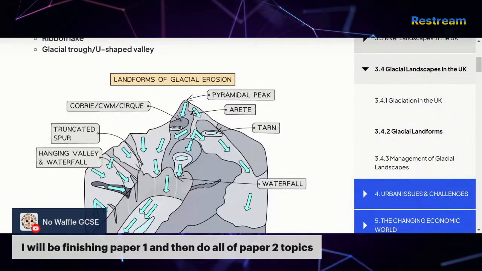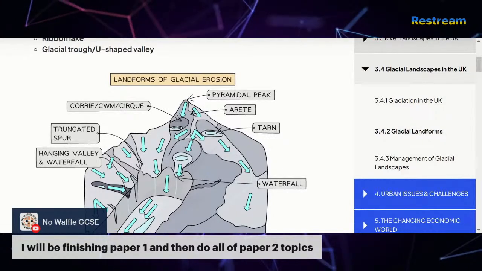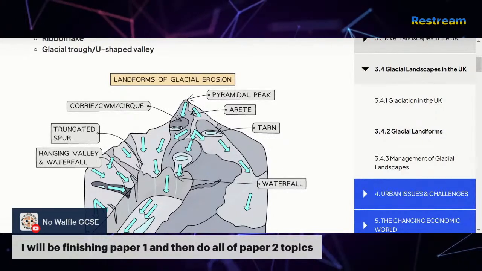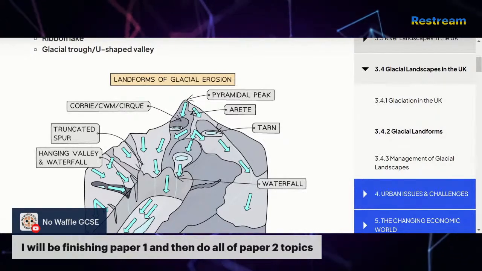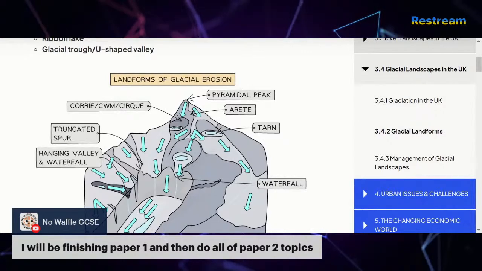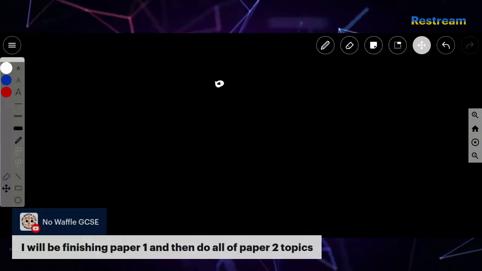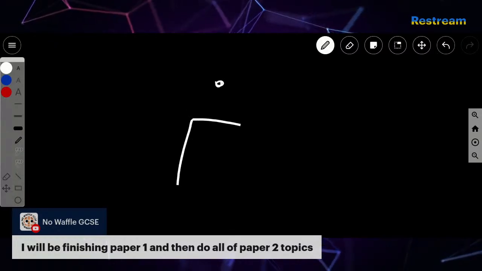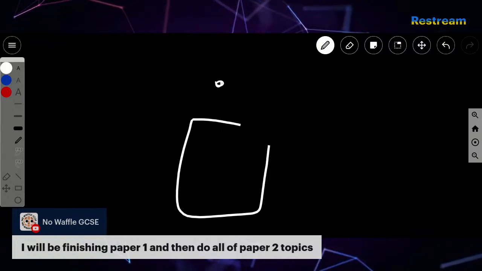Sorry, there's a bit of an issue going on with this internet. So, in terms of a pyramidal peak, it forms when there are 3 glaciers, or at least 3 glaciers, sometimes there's 4 glaciers. So imagine Glacier 1, Glacier 2, and Glacier 3.